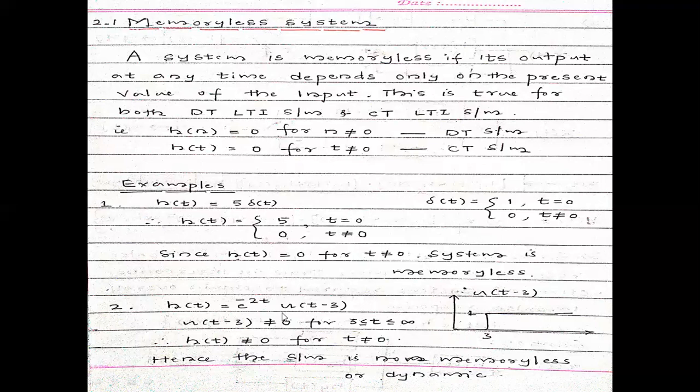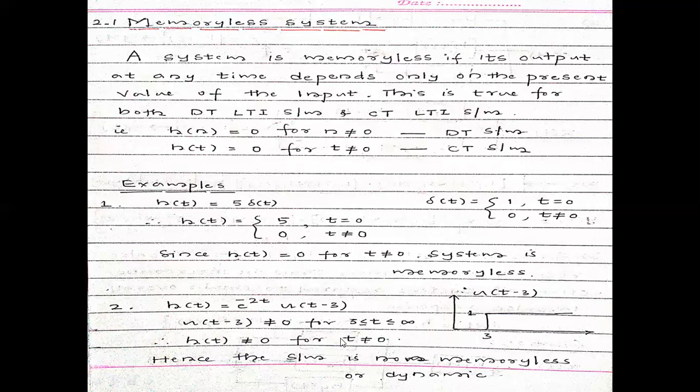So at t equal to 0, we have u of t minus 3 equal to 0, so h of t is also equal to 0. And when t is not equal to 0, u of t minus 3 has some value equal to 1, and that 1 is multiplied with e raised to minus 2t.